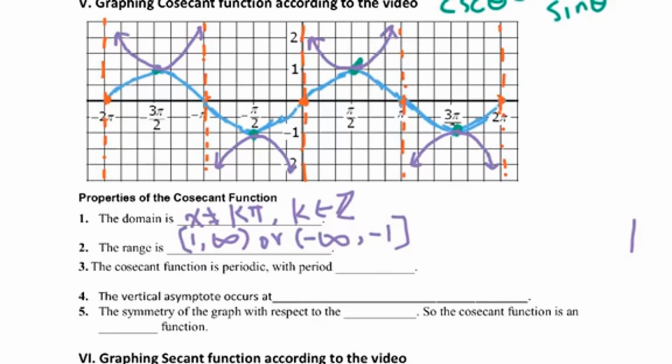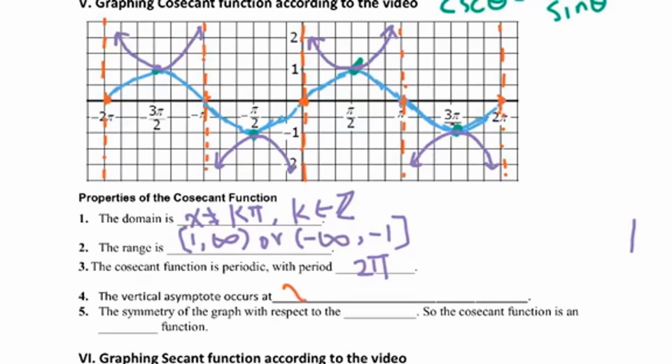Definitely, cosecant theta is a periodic function. The period is 2 pi because it repeats every 2 pi. The vertical asymptote occurs at, just look at the domain. The domain is not equal to k pi because at k pi there is an asymptote line.